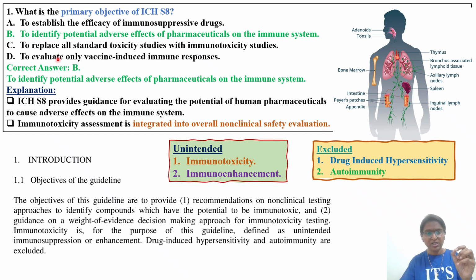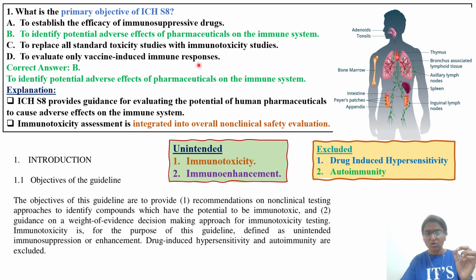Next, the third option: to replace all standard toxicity studies with immunotoxicity studies. This is absolutely wrong because we have to follow the 3R principle. The main agenda of all these new ICH guidelines is the application of the 3R principle. In addition to the standard toxicology studies, for example repeat dose 28-day study, 90-day study, 1 year, 2 year, or segment 1, segment 2, segment 3 reproductive studies, carcinogenicity studies, and genotoxicity study, which are the battery of toxicology studies, you also have to check whether my new drug is going to affect the immune system.